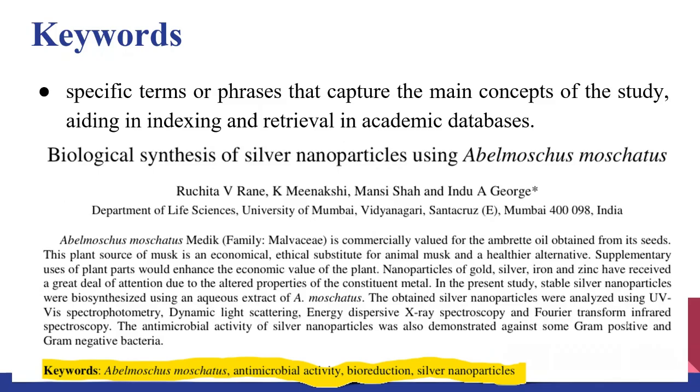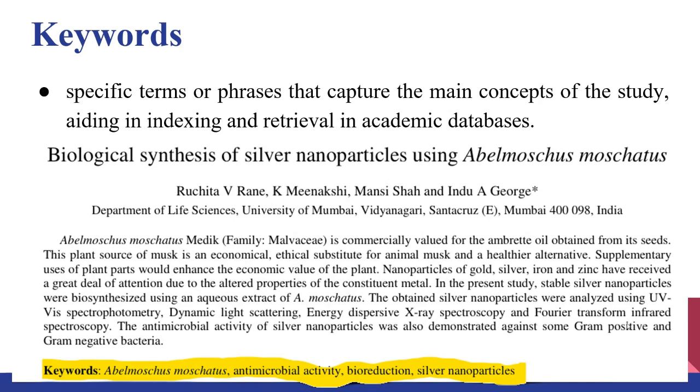For the given research paper, as you can see, the research was done on the plant Hibiscus muscatus. So that plant's scientific name is one of the keywords. Then in this research paper, they studied silver nanoparticles.